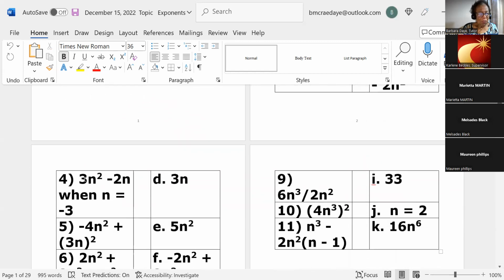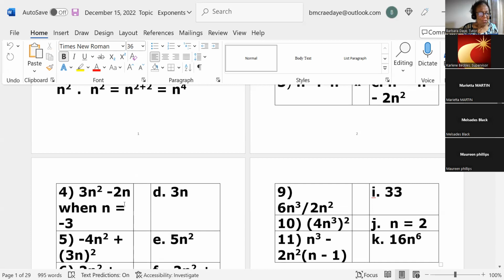Number 4. 3N to the second power minus 2N when N equals -3. I read that for the card and I left out the -3. But when I asked you, you answered correctly. You just didn't do what you told me. I looked at it, but then I guess I guessed the answer. It should have been number 4.